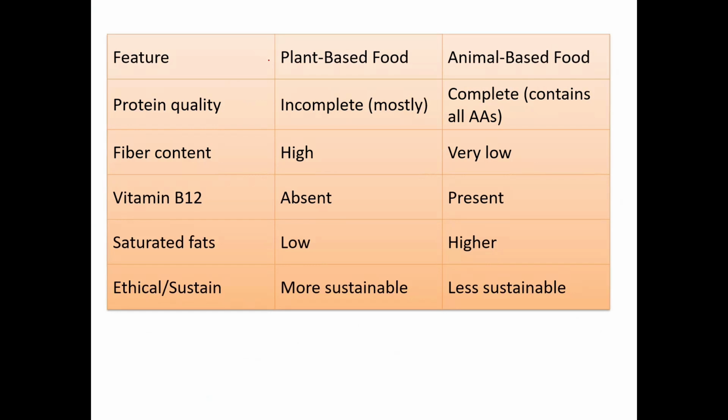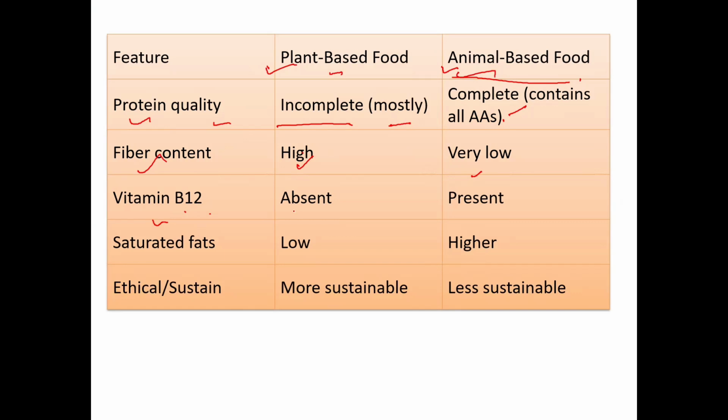So let's understand plant-based food and animal-based food. Protein quality in plants is mostly incomplete, but generally complete in animal-based food such as meat. Fiber content is high in plants but very low in animal food products.